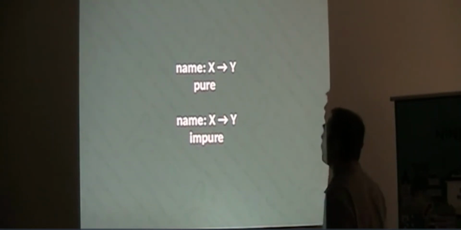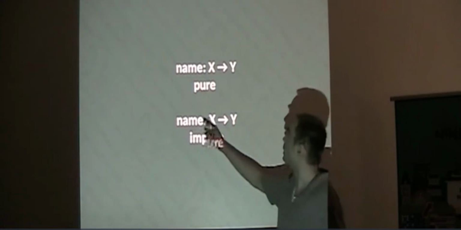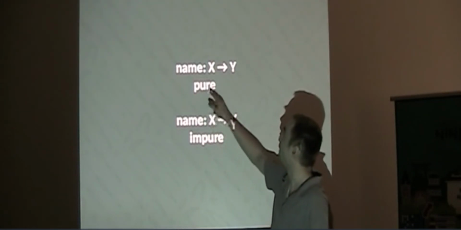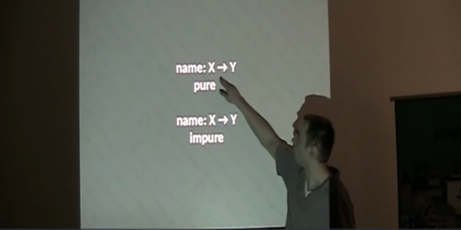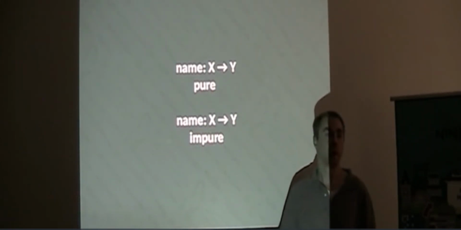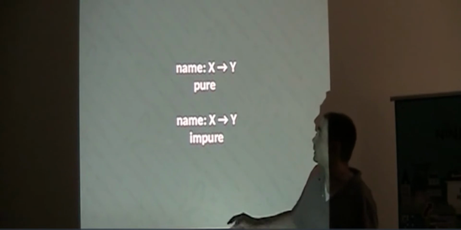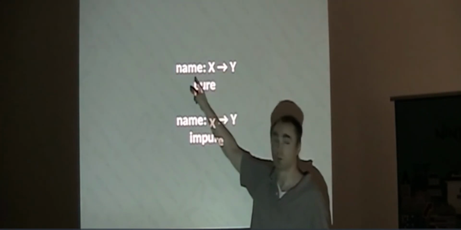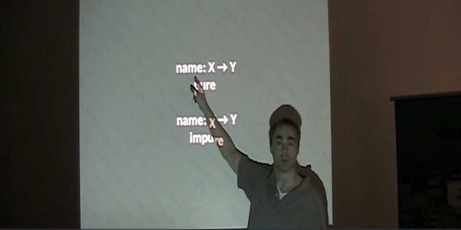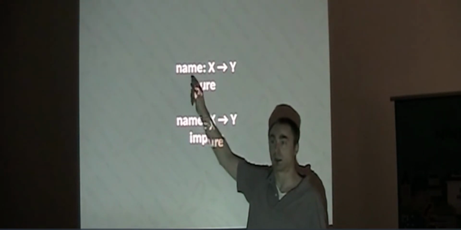Another advantage of functional programming is, think about the name of a function and the types of its input and output. Think about that for pure functions and then for impure functions. For pure functions, it's very likely that this information will give you a good idea about what that function does.